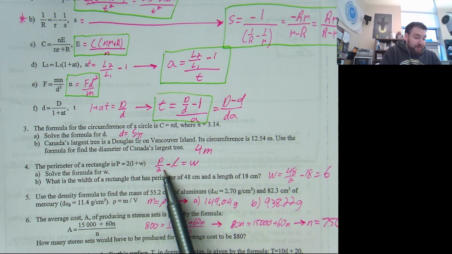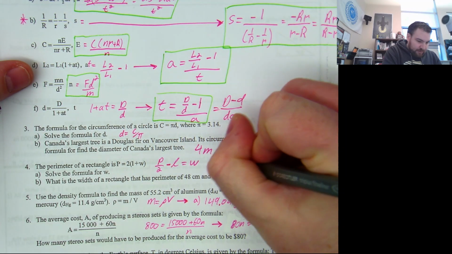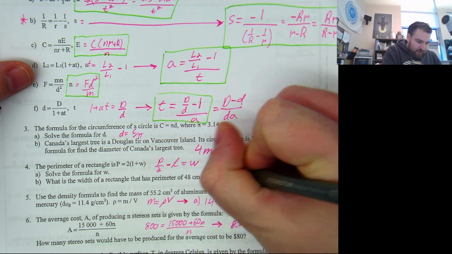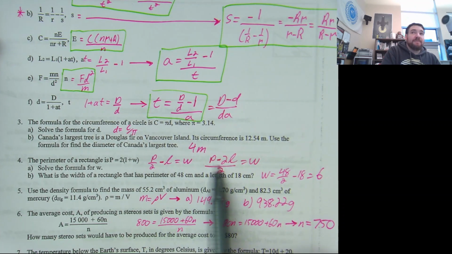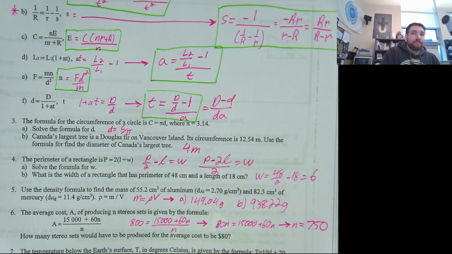Well, that's one of the expressions you could get. The other expression would be P minus 2L, all over 2, equals W. Either of these expressions are totally acceptable. And then I got the width is 6.